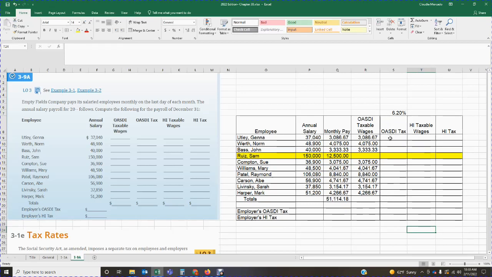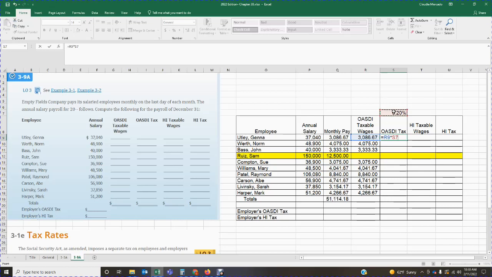If you are using Excel, which I recommend, you do a formula. You're going to get your OASDI taxable wages and multiply it by your OASDI rate, which is 6.2%.